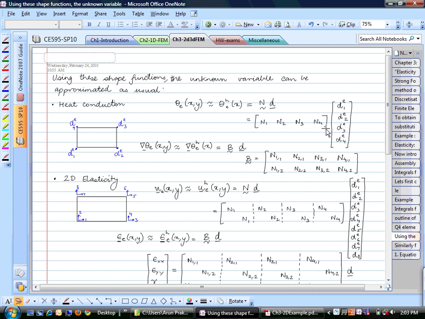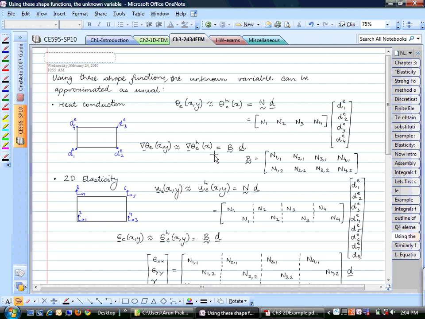We have 4 shape functions, 4 degrees of freedom, each at one node. And again, there is no direction to it because this is a scalar problem. This is a temperature. So these are all the 4 temperatures at the 4 nodes. You multiply them with the shape functions, and you will get the approximate value of the temperature at any point.